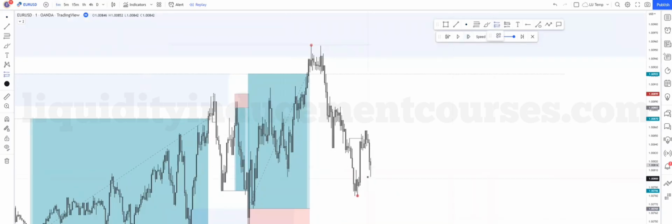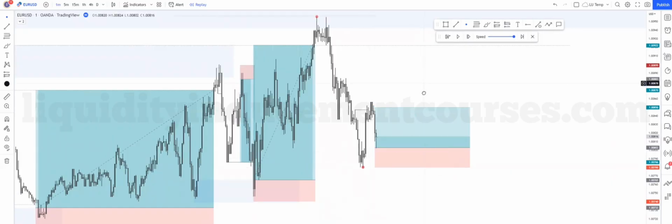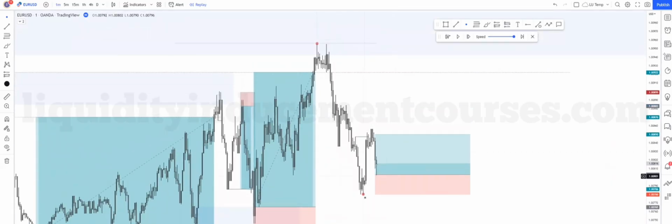Okay, so I'll go long here. Do you guys see why I will go long here? That's the high, that's the low. We created a QM, the range from here to here. Again, they're sharing the same low. Do you see that?